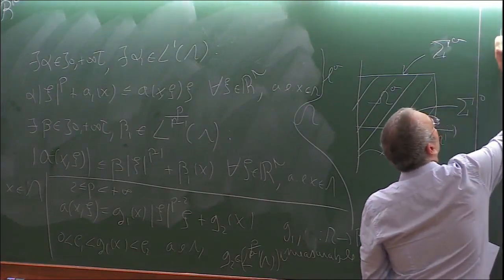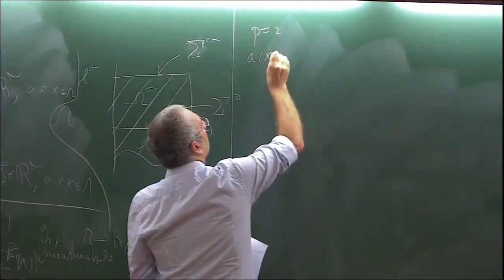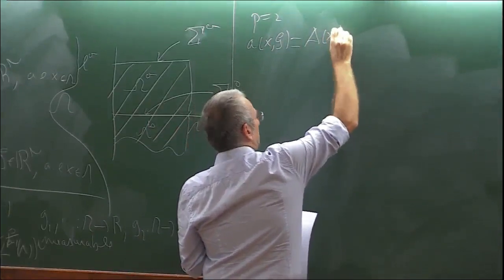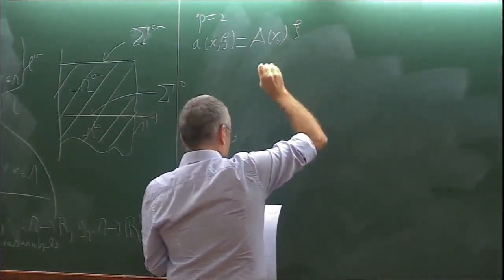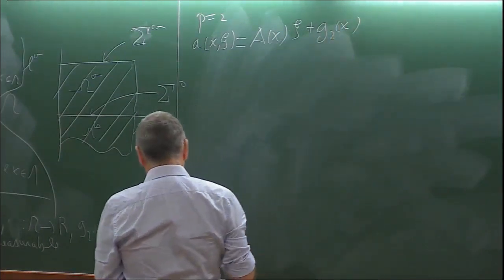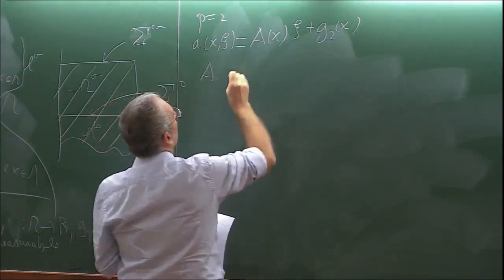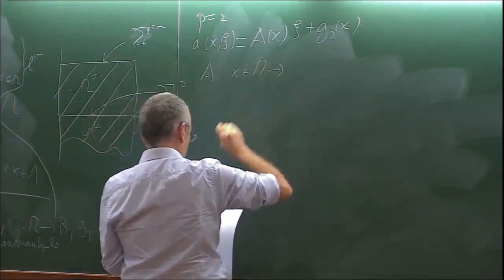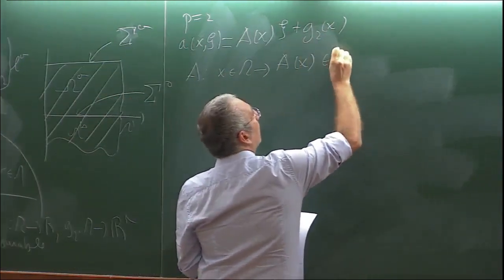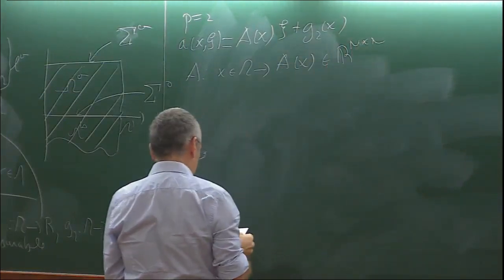If p equals 2, you can take A of x, c equal to A of x times c plus G2 of x, where A is a matrix-valued function, x belonging to omega, assume A of x in R^{n cross n}.